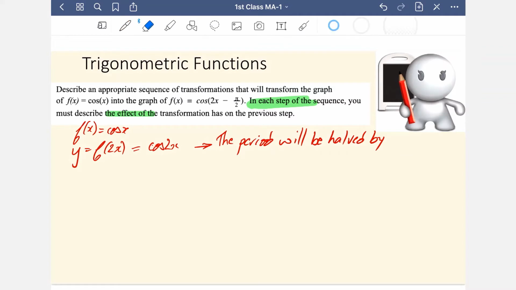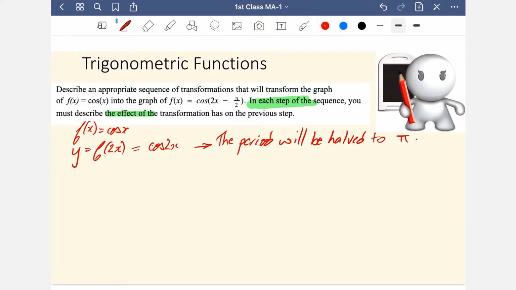The period will be halved to pi. And once again, that links in with the previous question and also with question 2.